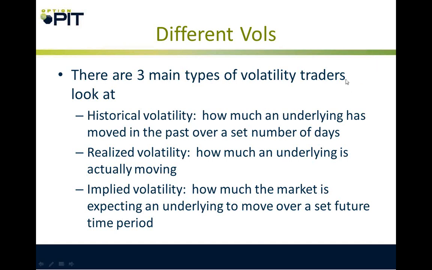So if Apple has a volatility of 30 on a particular strike of a particular expiration month, that is an annualized number of how much the market thinks Apple is going to move between now and when that contract expires.